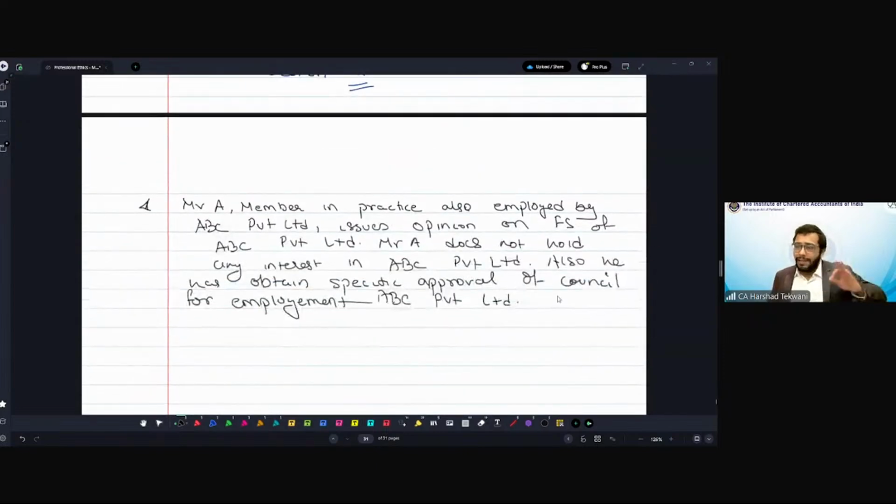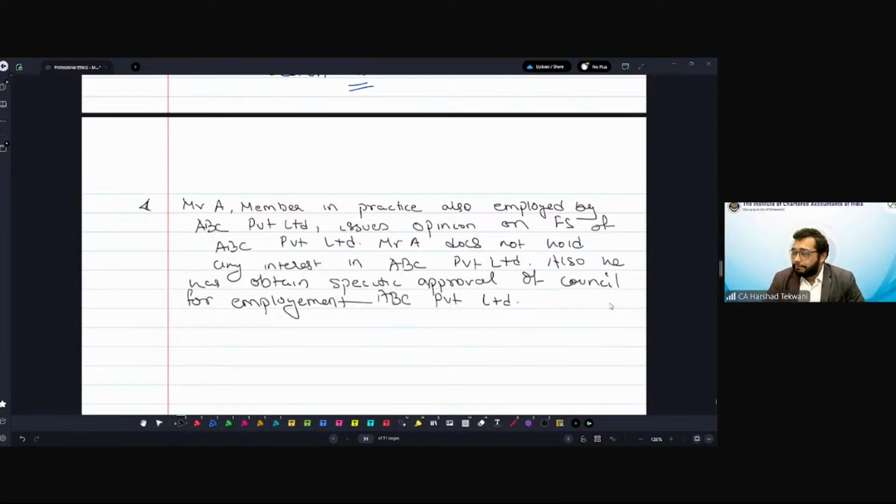Now, here there is a member in practice who has obtained specific approval from the council to get into employment with a company. Now he is in employment with a company where he has issued opinion on the financial statement of that company. Will he be held guilty of professional misconduct?